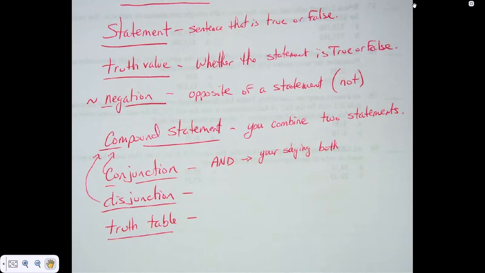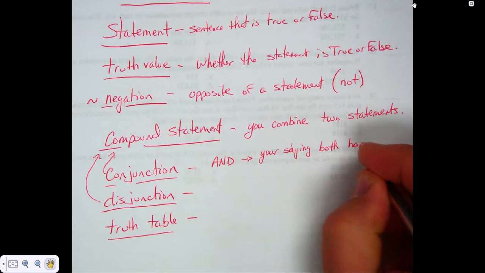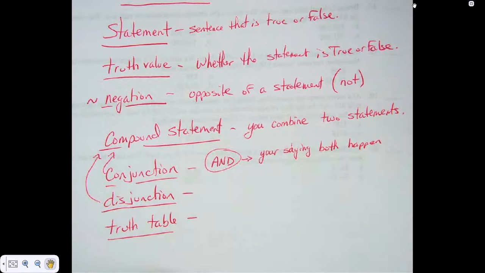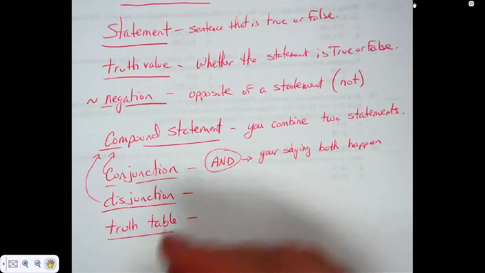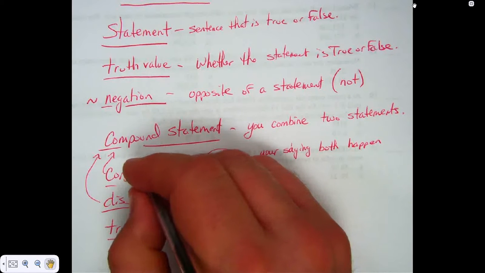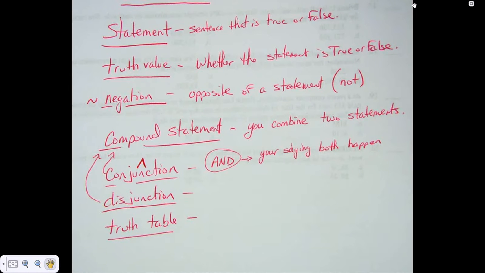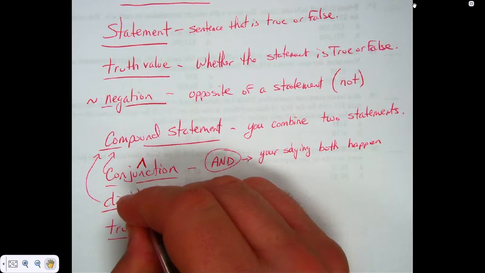Compound statements. You're saying both happen. And there's a symbol for this too. It's that. Disjunction, there's a symbol for it too.